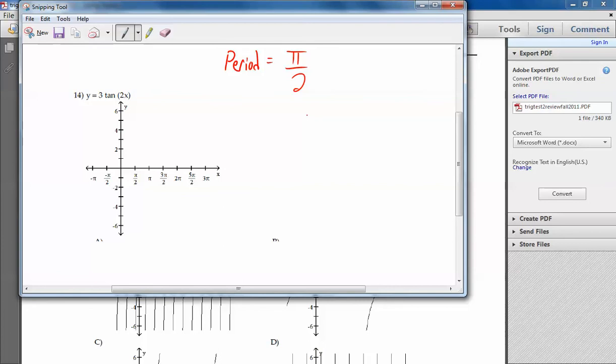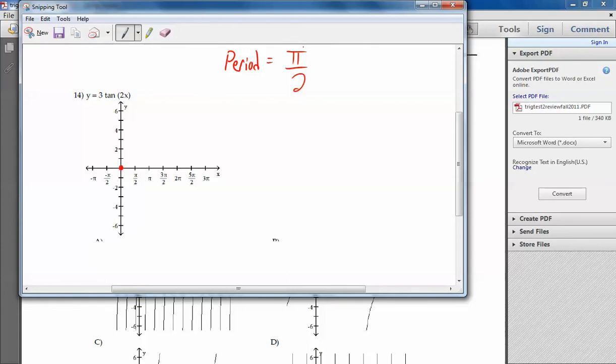So if we can figure out one place this graph crosses, we can use the period to find other places where the graph crosses. Alright, we need to remember that at 0, tangent is equal to 0. So I plug in a 0, taking the tangent of 0 times 3, but the tangent of 0 is 0, times 3 is still 0.